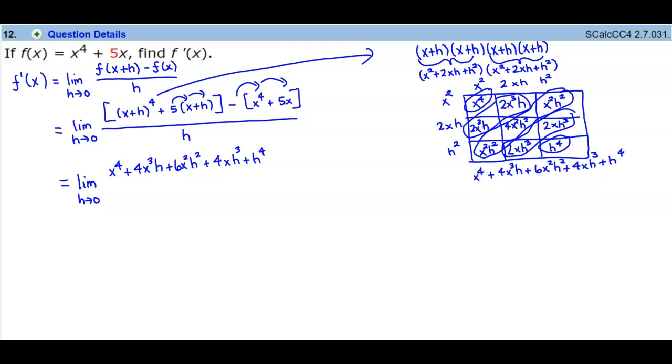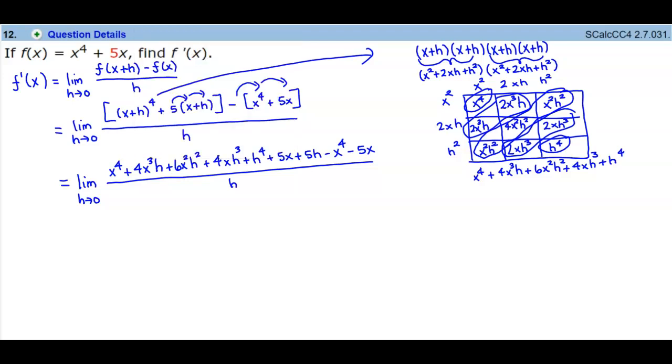Now we're going to distribute the 5, so we get 5x plus 5h. And then we're going to distribute the negative sign, so we get minus x to the fourth minus 5x. And then we're going to divide that by h.